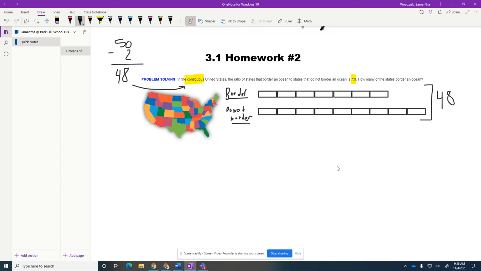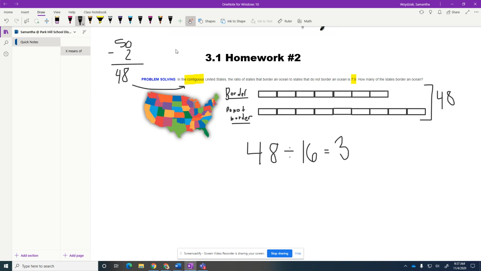So what I'm going to do is see how many pieces I have altogether. Really I'm adding 7 and 9 because the ratio is 7 to 9. So 1, 2, 3, 4, 5, 6, 7, 8, 9, 10, 11, 12, 13, 14, 15, 16. So I have 16 pieces to this puzzle. And I know that there are 48 states we're talking about, and we are going to divide that into 16 pieces.